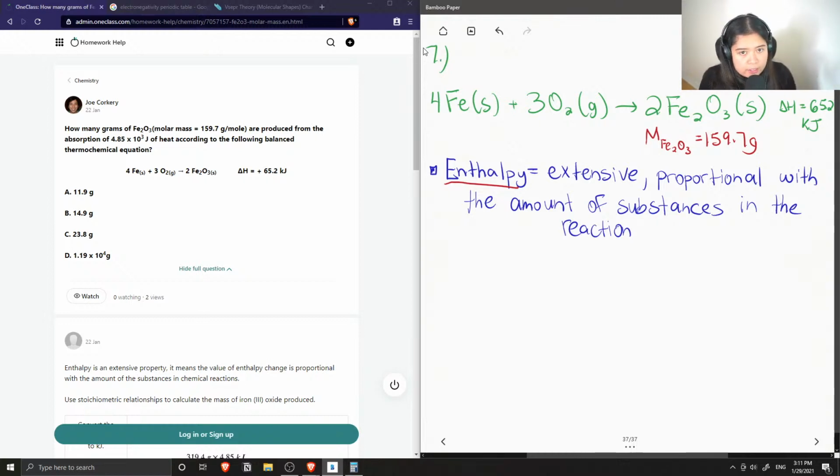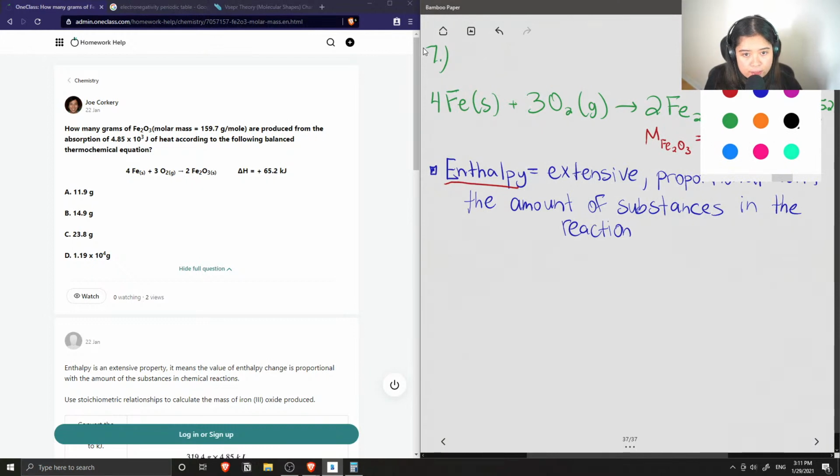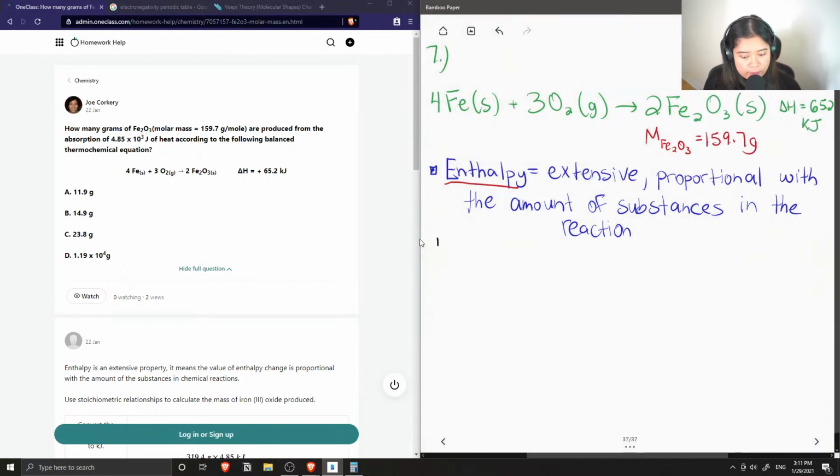Okay, so first, we just need to convert the joules that were given. So we know that 4.85 times 10 to the 3 joules of heat were absorbed from this equation. I'm just going to convert this to kilojoules so that we can compare it to the enthalpy of the balanced equation.